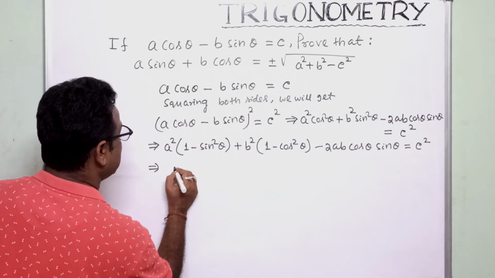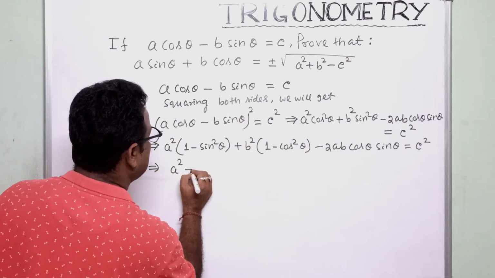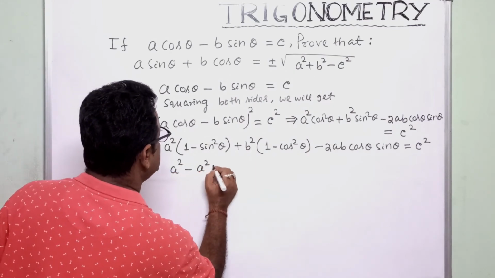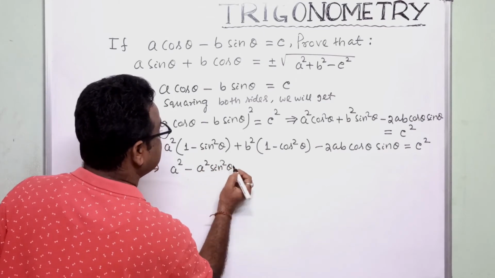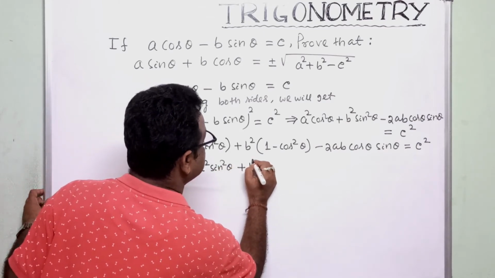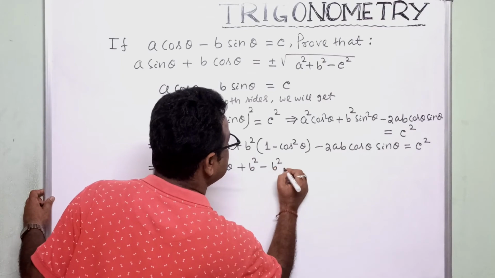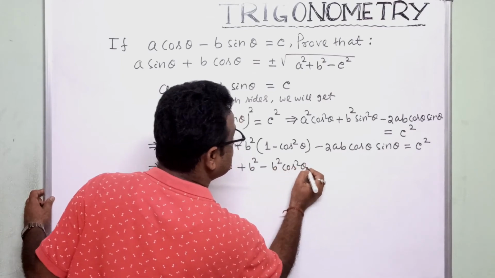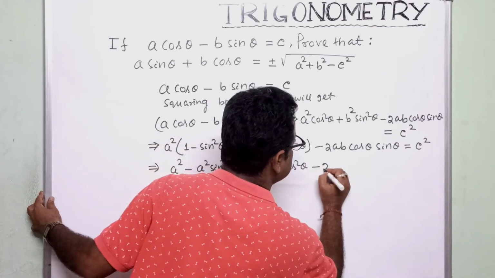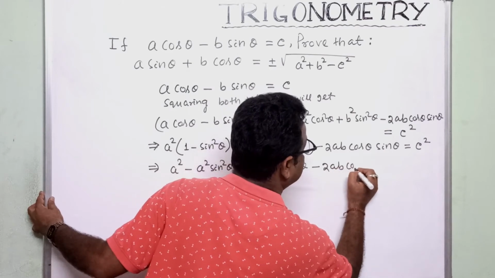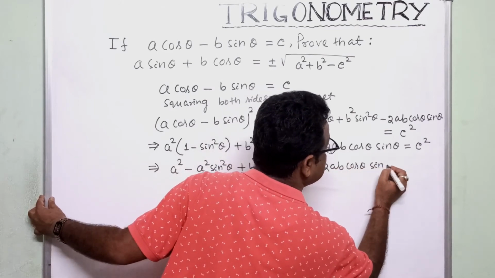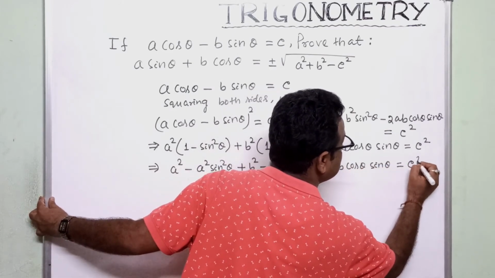That implies a square minus a square sin square theta plus b square minus b square cos square theta minus 2ab cos theta sin theta is equal to c square.